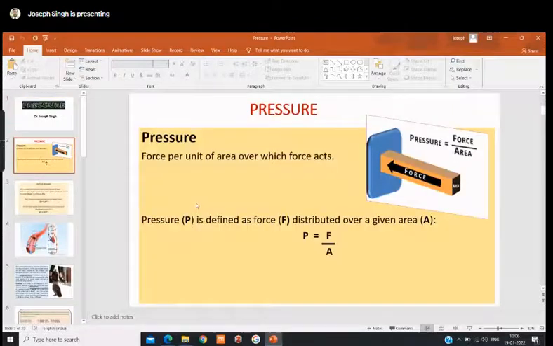Pressure is force per unit area over which the force acts. That means pressure is equal to force divided by area. Pressure is defined as force distributed over a given area, that is P is equal to F upon A.